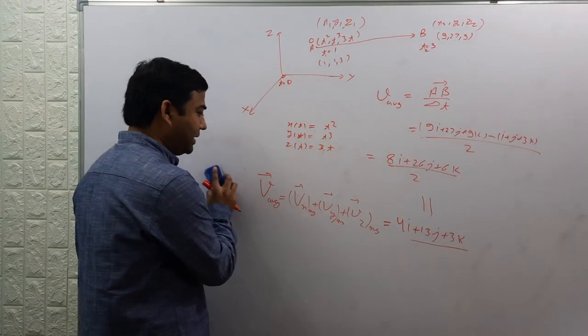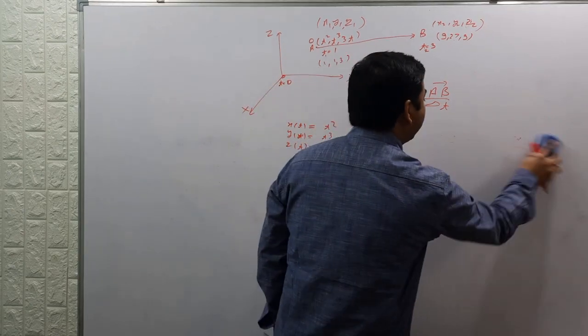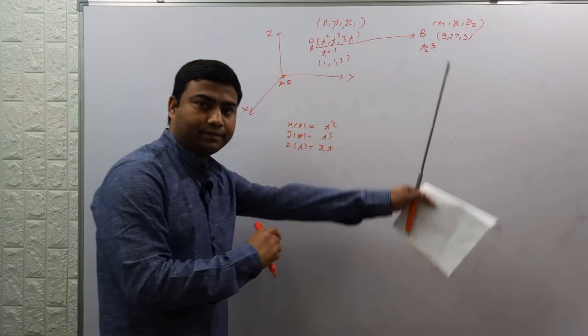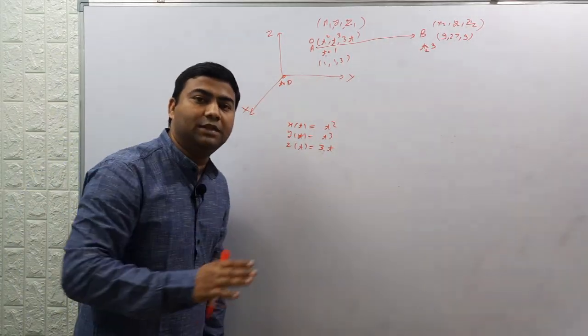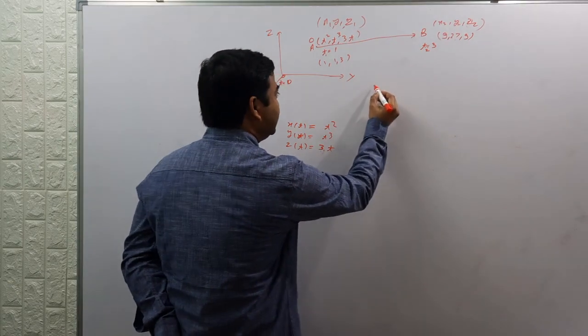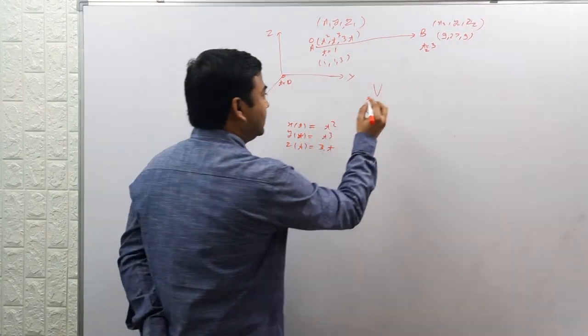That you all know, I am just explaining for understanding how the velocities in a single frame are defined. This was average velocity. We have learned instantaneous velocity. Now we will understand instantaneous velocity.